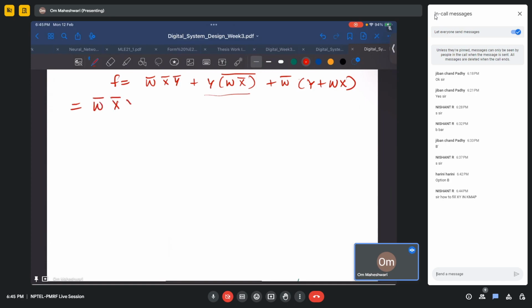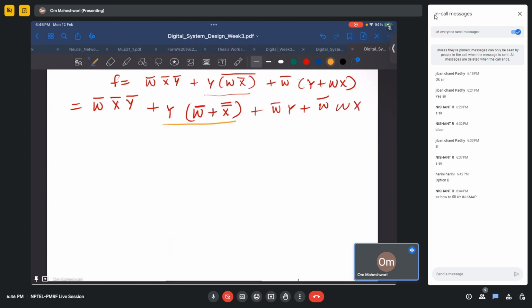w bar x bar y bar plus y. So how I can expand it is: w bar plus x bar whole bar, plus w bar y plus w x. So how did I write this?